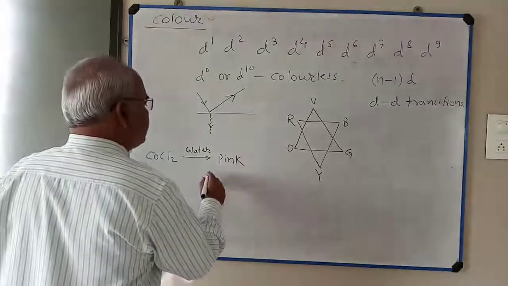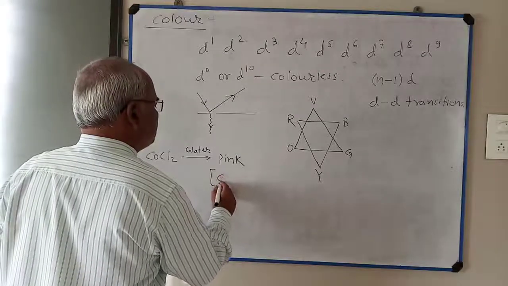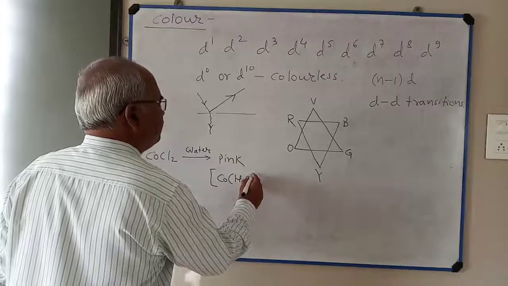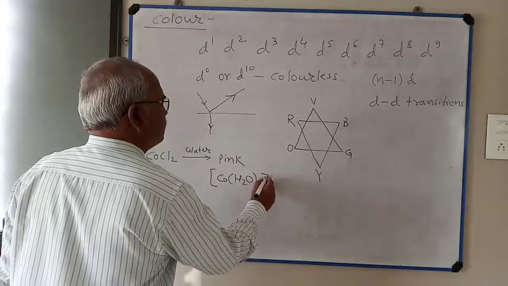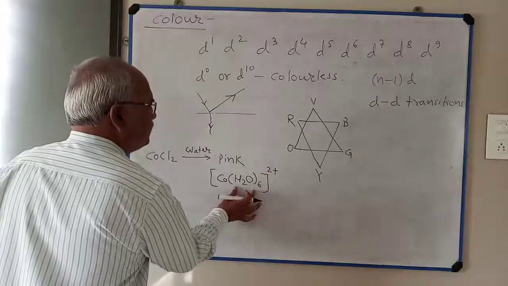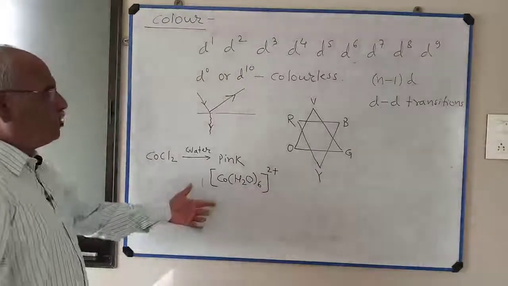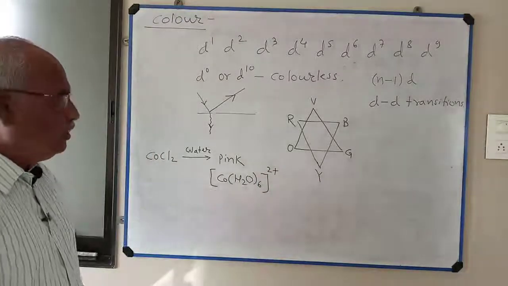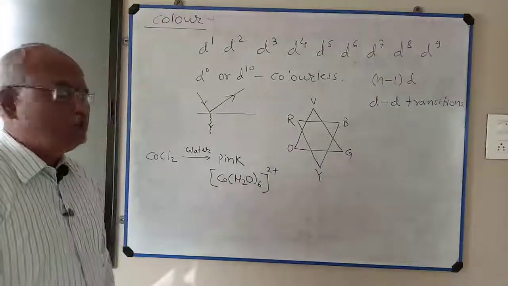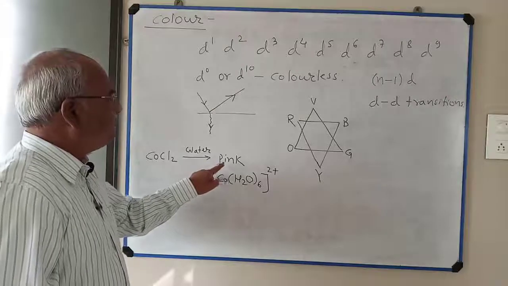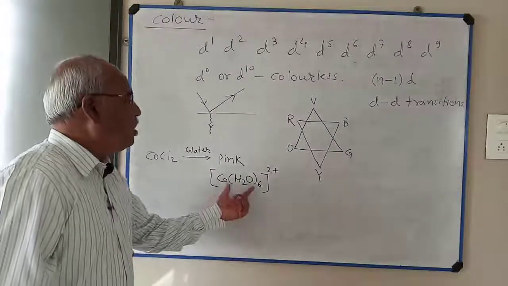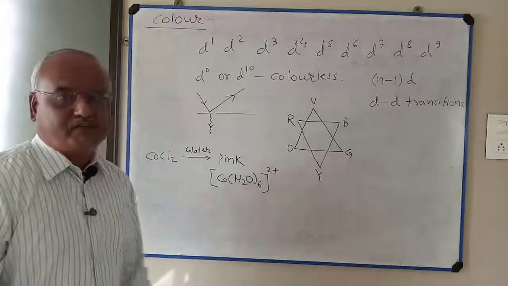The pink color is due to the formation of this complex, [Co(H2O)6]2+. This H2O is the ligand. Due to formation of this complex, the compound appears pink in color. It is an octahedral complex.